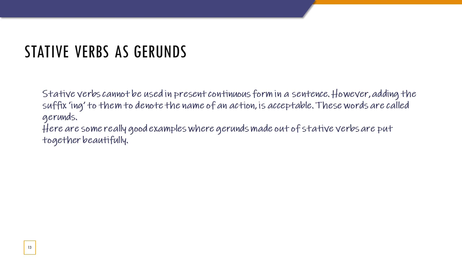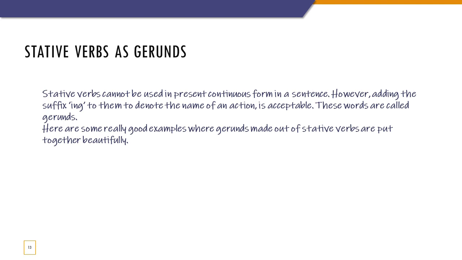Now, I just mentioned that you can't use stative verbs with ing in a sentence form, but you can use stative verbs with ing to denote the name of an action, which is called a gerund. A verb which has the suffix of ing and that serves the function of a noun is called a gerund.